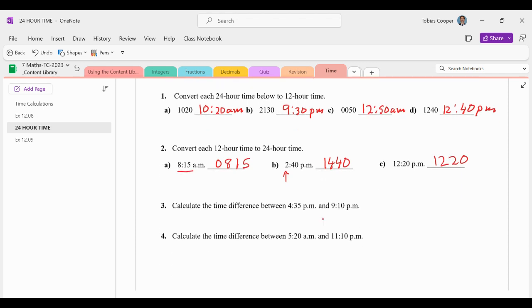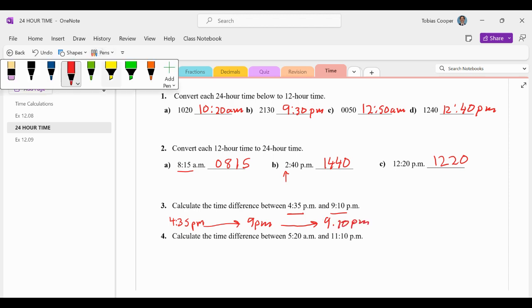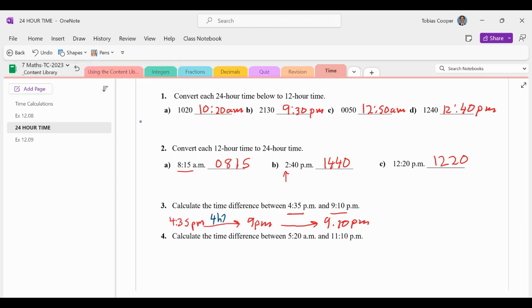Now, to calculate the time difference between 4:35 p.m. and 9:10 p.m., first thing I would do is calculate how many hours and minutes it is to get to 9 p.m. So I'm going to go from 4:35, and that's p.m., and I want to jump to 9 p.m. first, and then I'll go from there to 9:10 p.m. Okay, so that means to go from 4:35 to 9 p.m. that is 4 hours and 25 minutes.